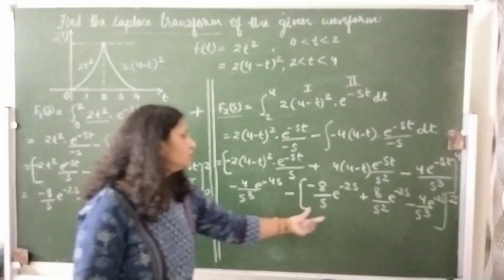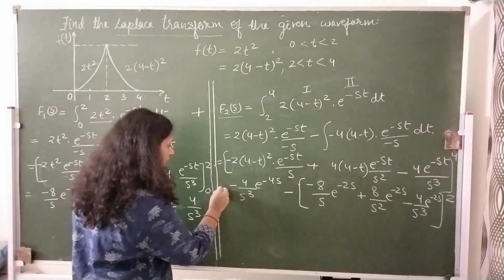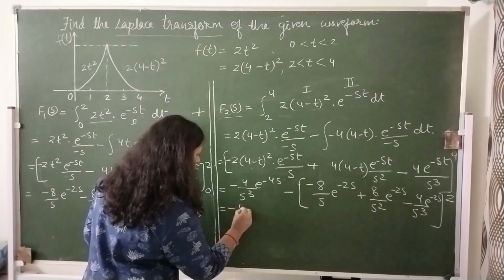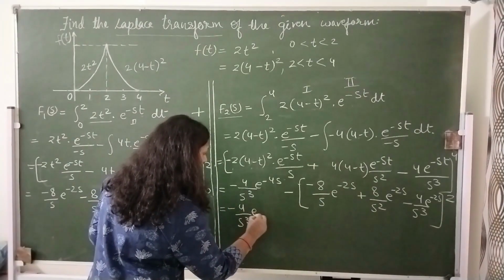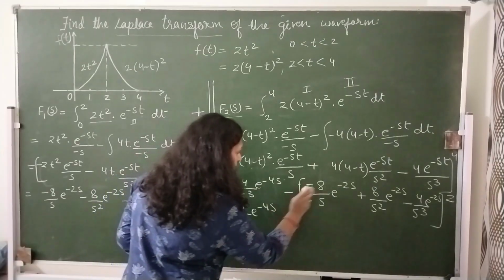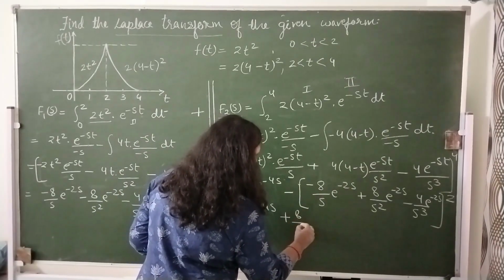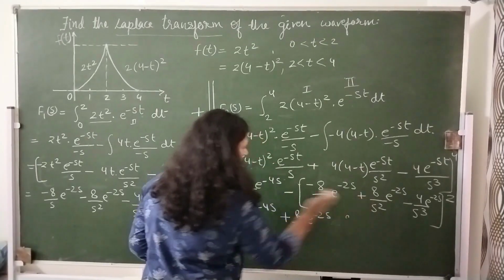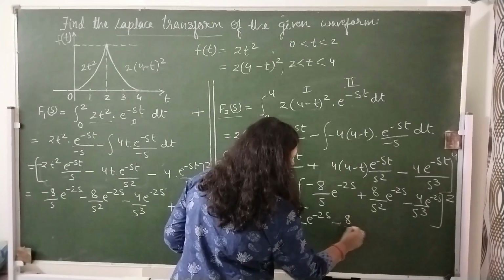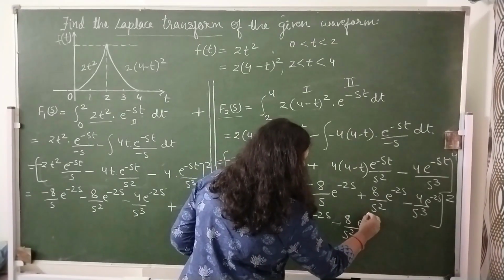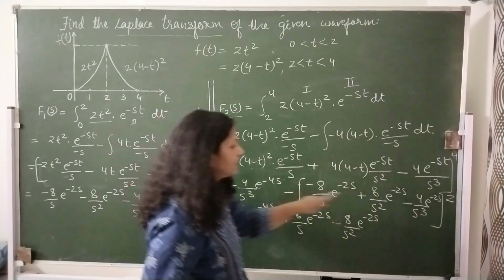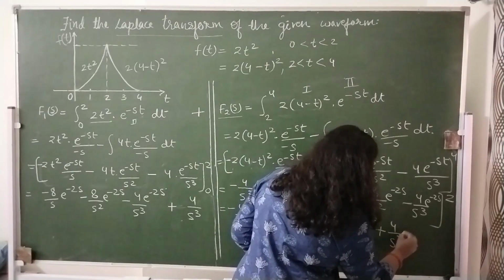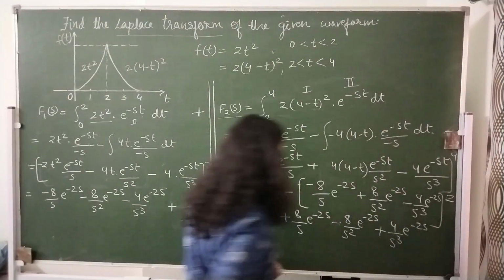So we got 1, 2, 3, 4 terms here again. Now open this bracket. Minus 4 by s cube e to the power minus 4s. This will become plus 8 by s e to the power minus 2s, minus 8 by s square e to the power minus 2s, minus 4 by s cube e to the power minus 2s.